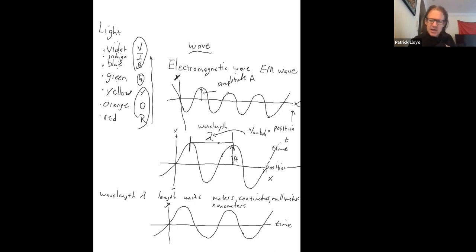The wave has a larger height and then a smaller height. It sometimes goes negative, but it's occurring. And so the distance, it's not length, it's time, right? The amount of time between two peaks is called the period of the wave.